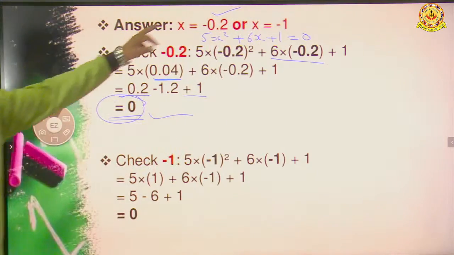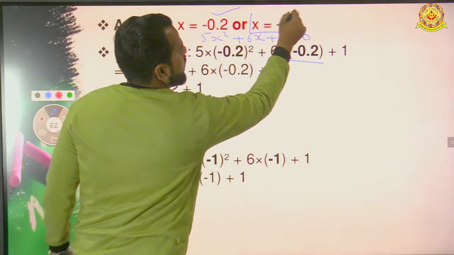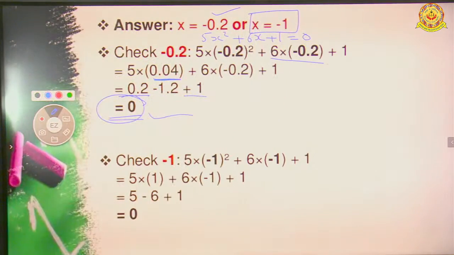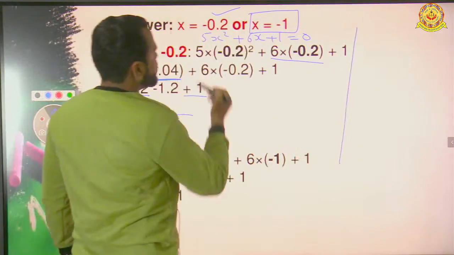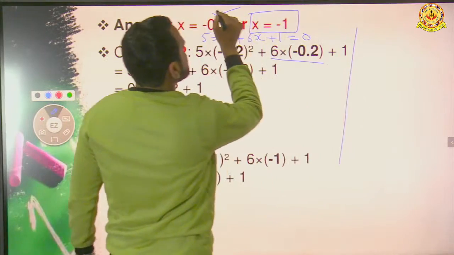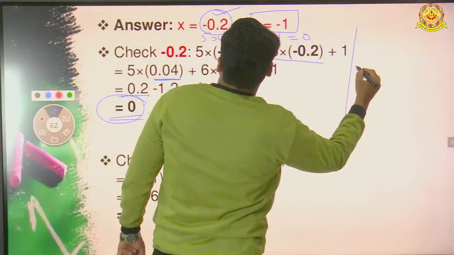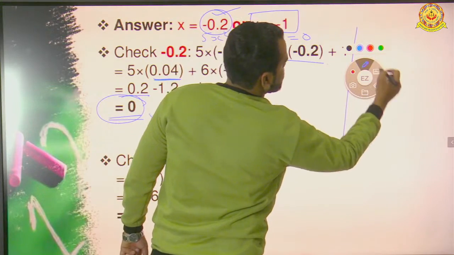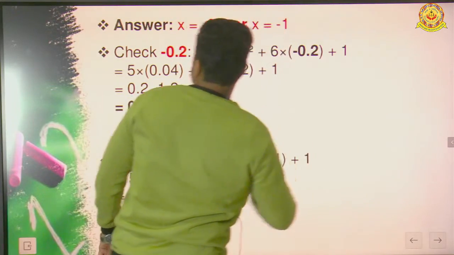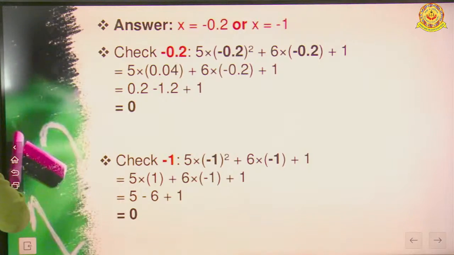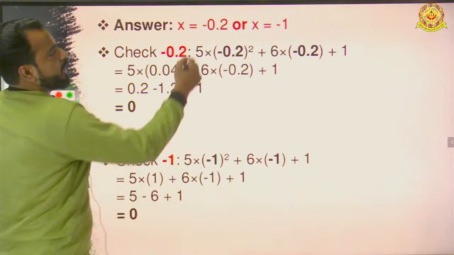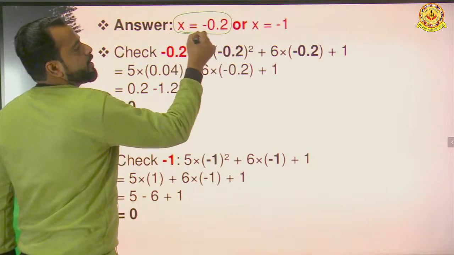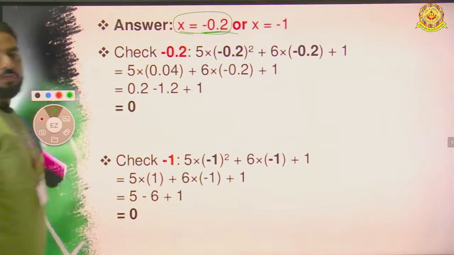Let's check it out for minus 1 also because the other answer is minus 1. Look at this. What is the x value here? We are putting the x value minus 0.2.